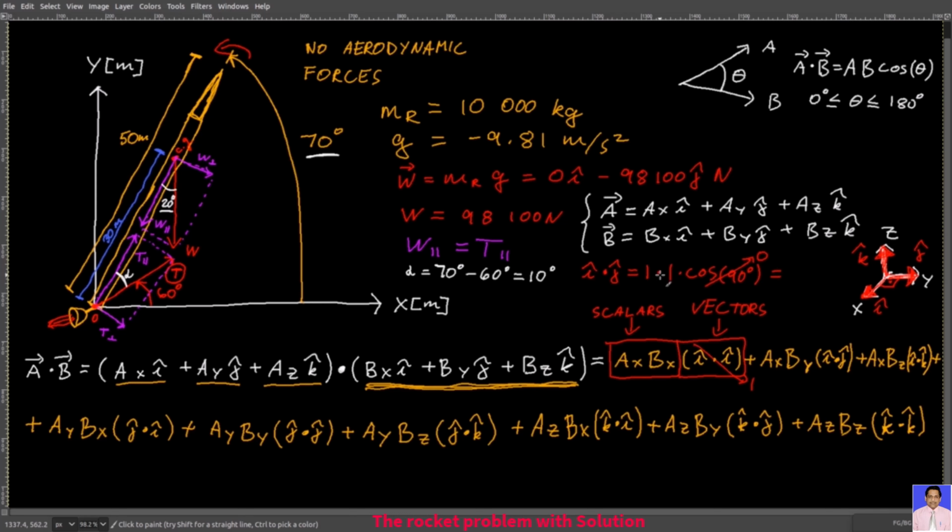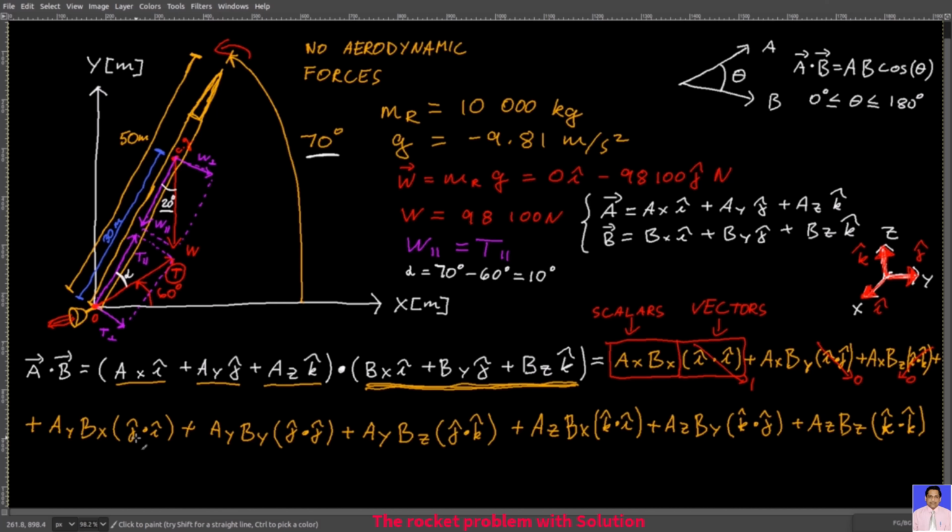So i dot j gives you a scalar which is 0. So this one will be 0. And how about i dot k? Well, again, it gives you 1 times 1 times cosine, and the angle between i and k is 90 degrees. Again, that gives you 0. Therefore, this one is 0.